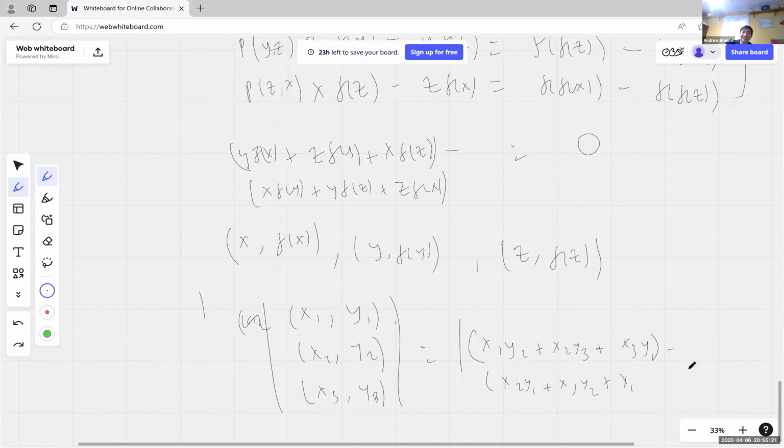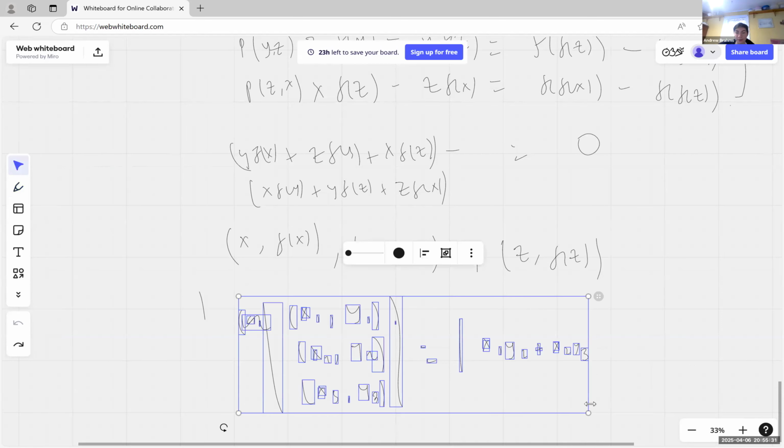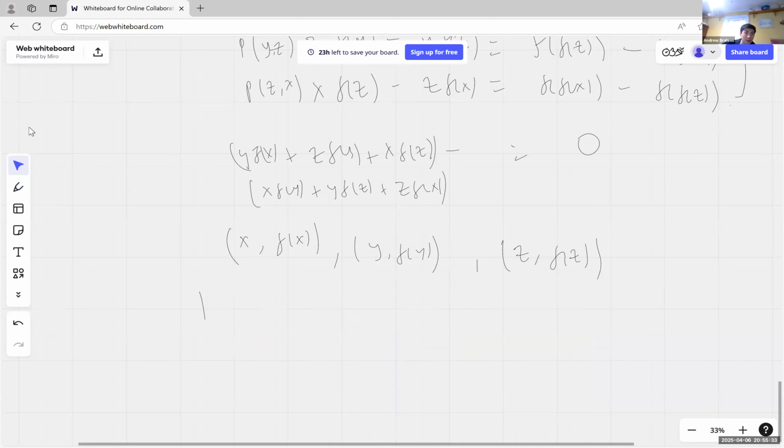And so what this equation actually gives us is that for any 3 points, x comma f of x, y comma f of y, z comma f of z, the triangle formed by the 3 points has area 0. And so they have to be collinear.